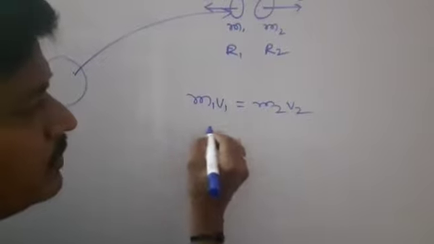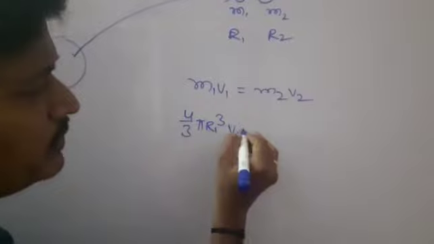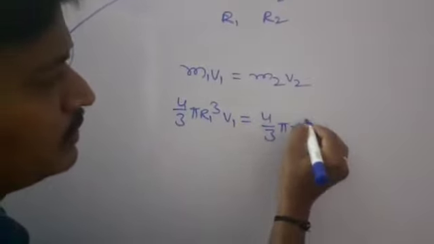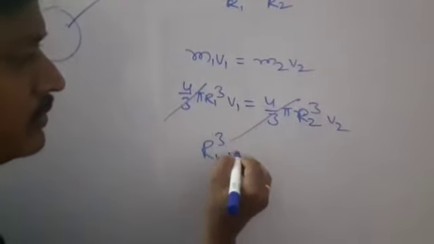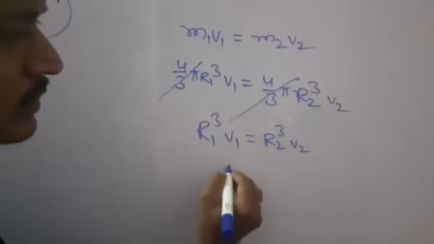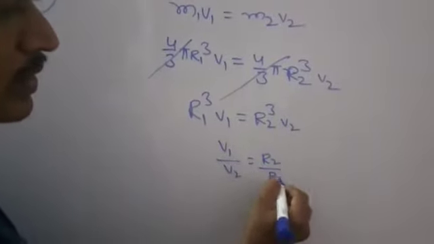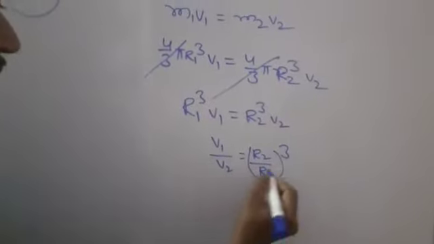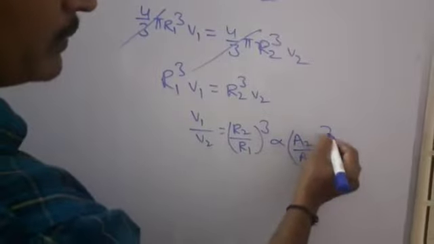Mass is equivalent to 4 by 3 pi r1 cube into v1 equal to 4 by 3 pi r2 cube into v2. So r1 cube v1 is equal to r2 cube v2, and v1 by v2 is equal to r2 by r1 whole cube. It is directly proportional to A2 by A1 whole power 3.